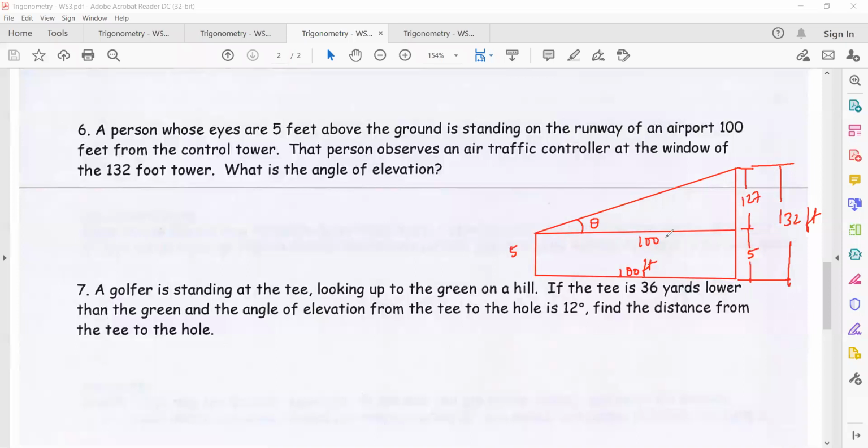Opposite and adjacent are related with tan. So we will write tan theta equals 127 over 100. So theta equals tan inverse of 127 over 100, which is 51.78. You can take 51.8 because you have to round to the nearest tenth.